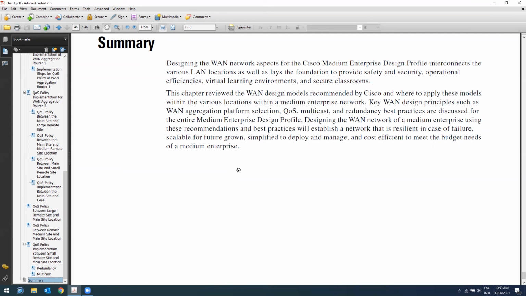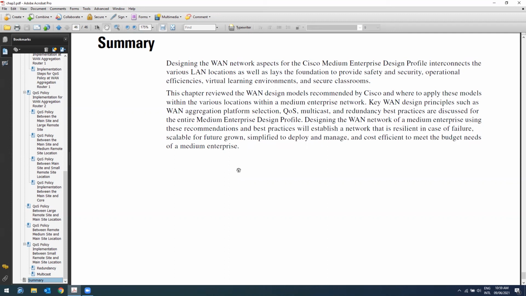So this chapter reviewed the WAN design models recommended by Cisco and where to apply these models within the various locations within a medium enterprise network. Key WAN design principles such as WAN aggregation platform selection, QoS, multicast and redundancy best practices are discussed for the entire medium enterprise design profile.